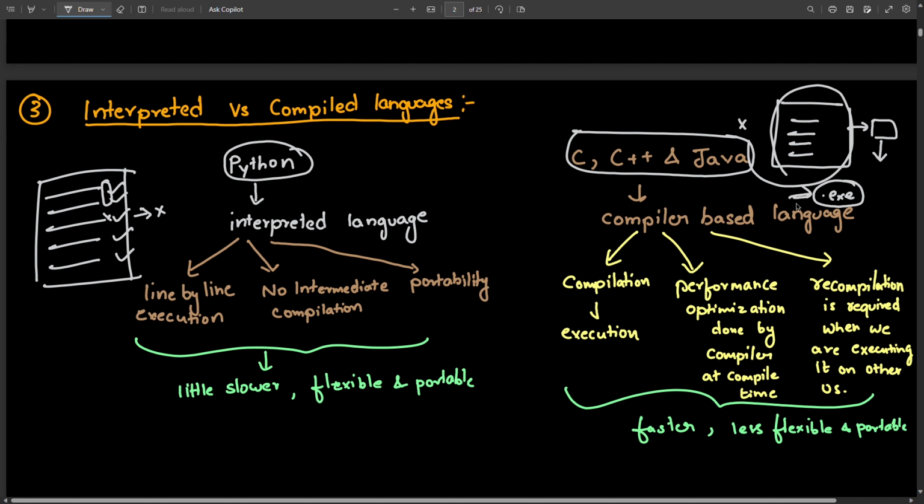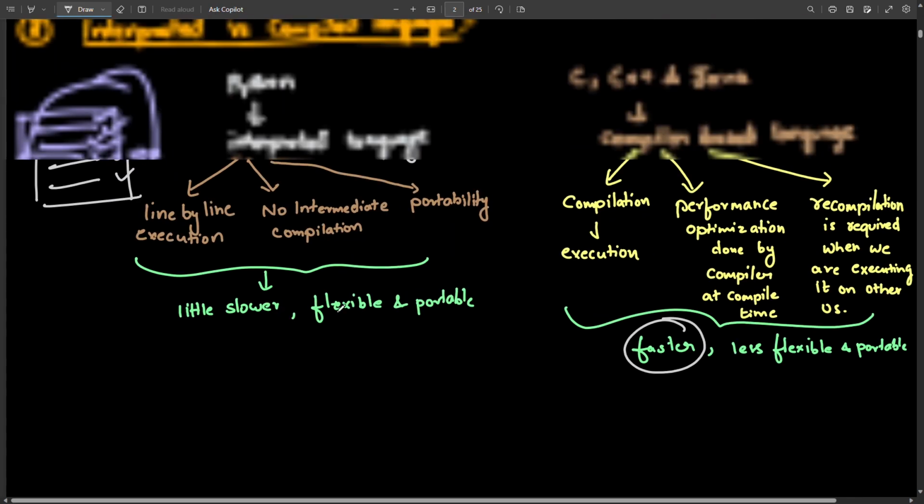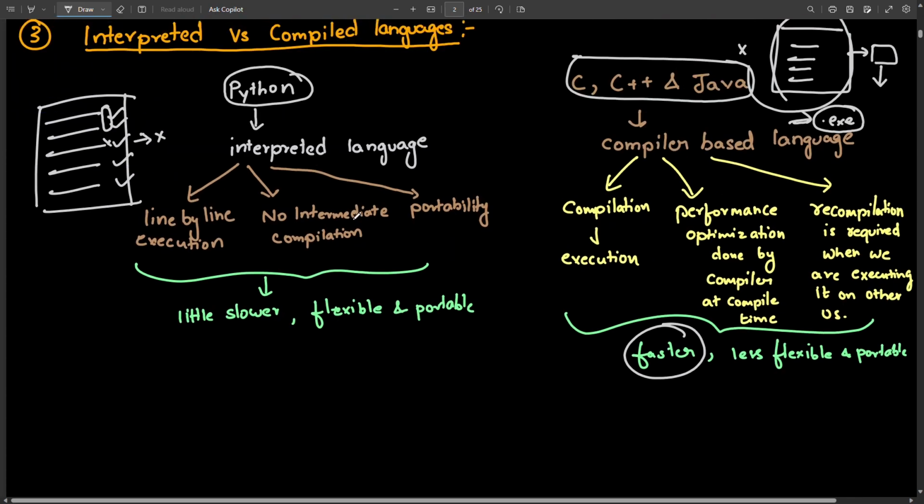So we can say that it is not portable. So for that, we have to recompile on every other OS. Okay. But the advantage over here is that it is faster. These are the disadvantages of compiler-based languages. So these are the differences.